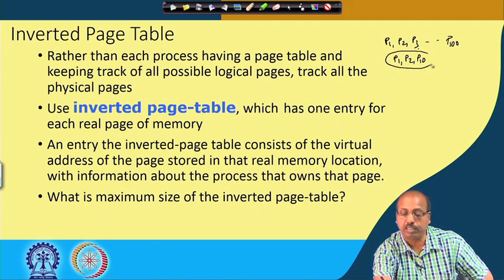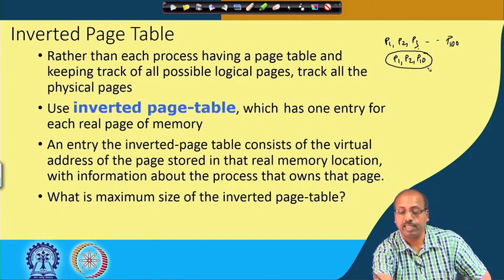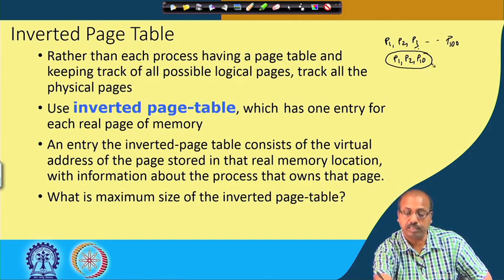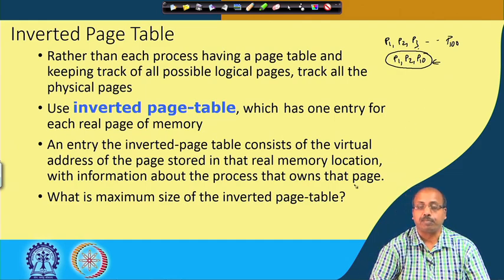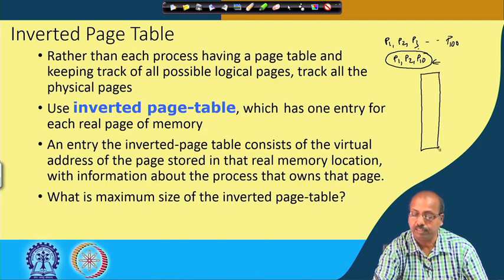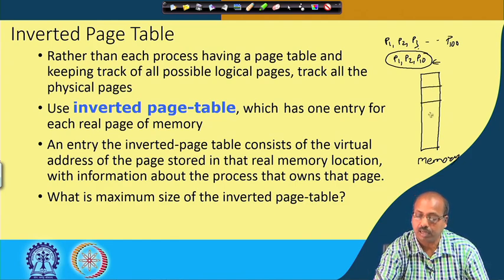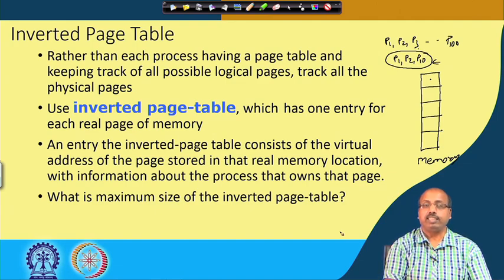It should be sufficient if I just remember the page tables corresponding to P1, P2, P10, and it is not required to remember the page tables of all other processes. So, can we do something so that I just remember the information related to only these pages and do not have the others? In other words, if this is the memory, organized in terms of frames, I need to remember for each frame what page it is holding.